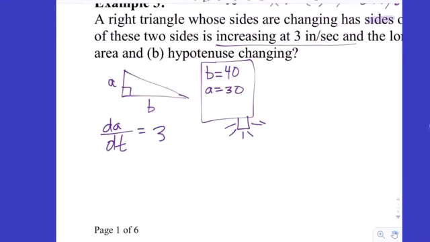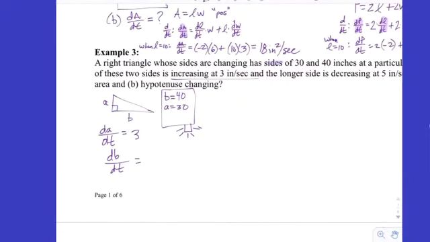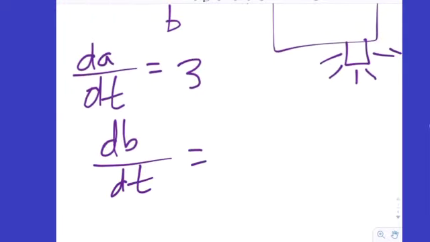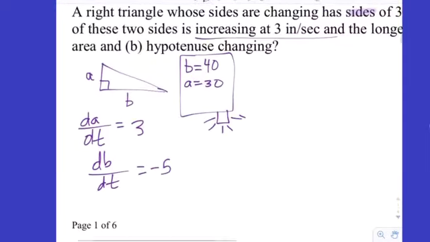While the longer side, which we're calling B, is decreasing by 5, so that's going to be negative 5. It doesn't matter if you call them A or B, but once you decide which one's the longer and shorter, the rates matter. All right, so there's all the groundwork for the setup. Give yourself some variables, identify the snapshot moment, and write your rates mathematically with correct sign.